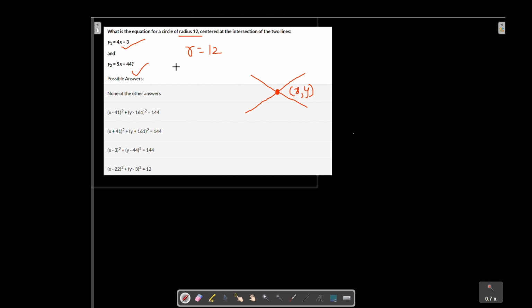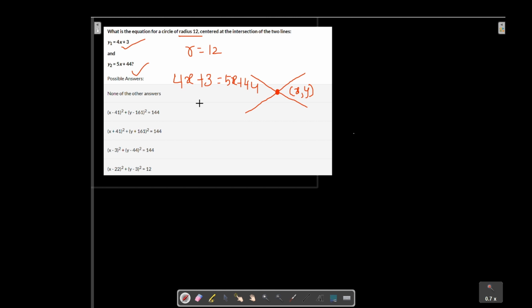The y coordinate y1 for the first line is 4x plus 3, y coordinate for the second line y2 equals 5x plus 44. It means we need to equate these two lines because the x and y coordinates of the intersection point are same for both the lines. We can equate 4x plus 3 equals 5x plus 44.